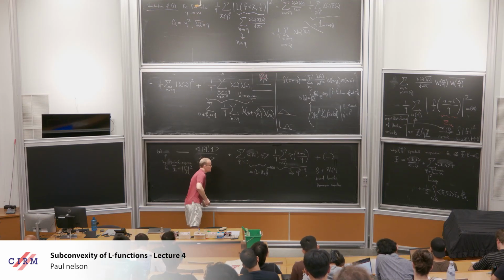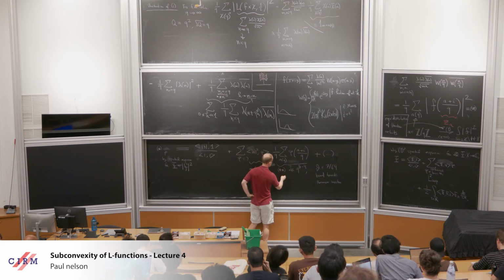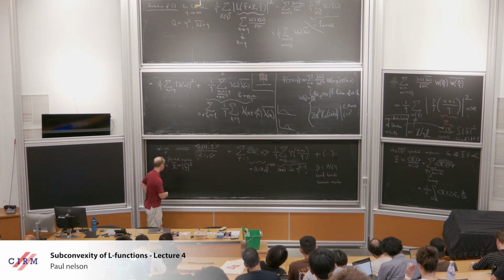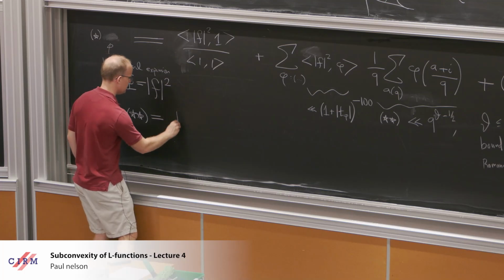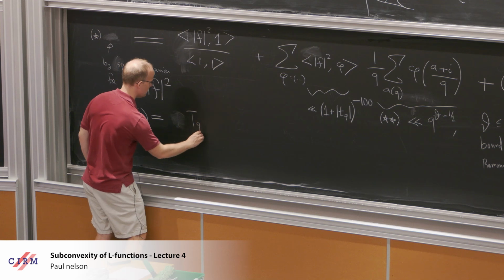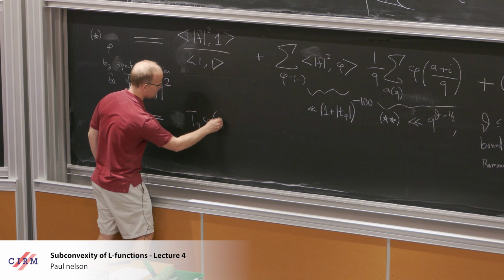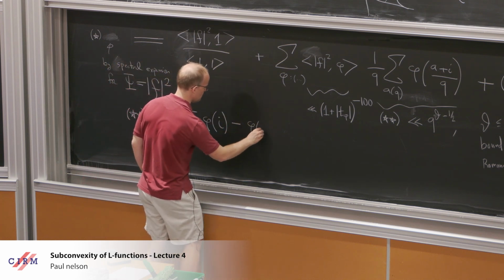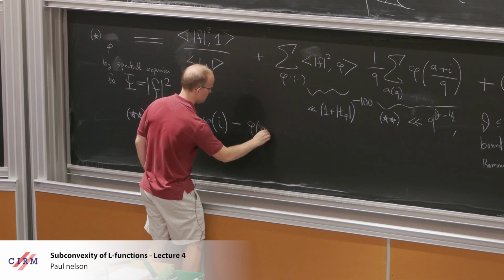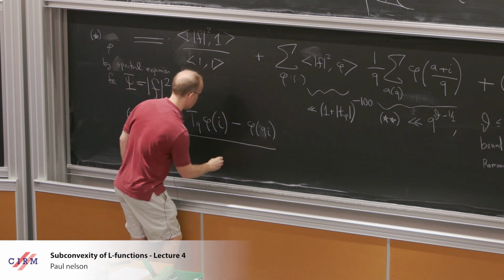So this expression, let's aggressively call it double star. And then to answer Philippe's question, double star is just the following. You take the Hecke operator T_q, you apply it to phi, you evaluate it at the identity element, or maybe the upper half plane element i, but then you subtract off the contribution of phi of qi, which is one part of that Hecke operator, and then you divide by q.